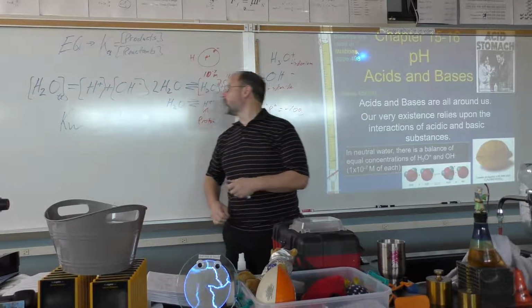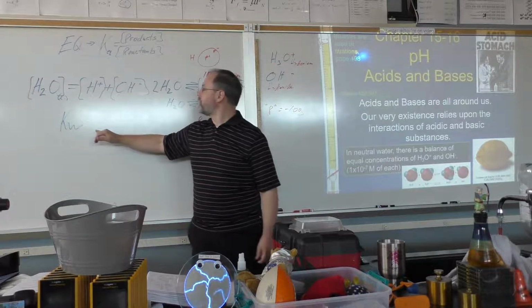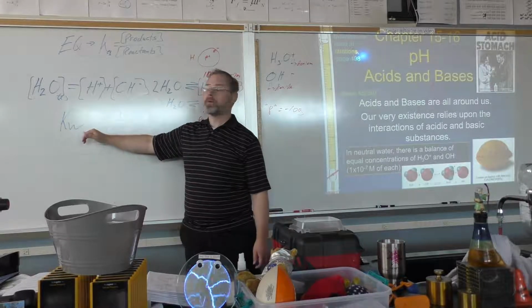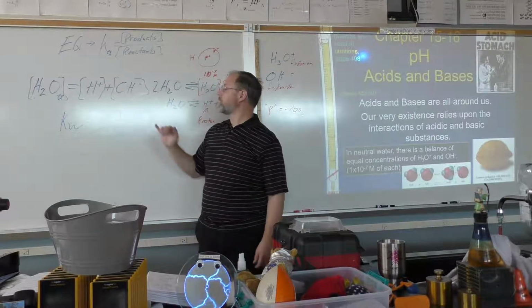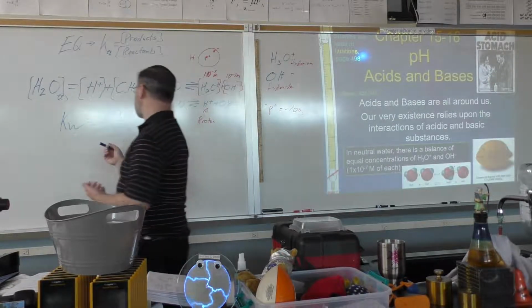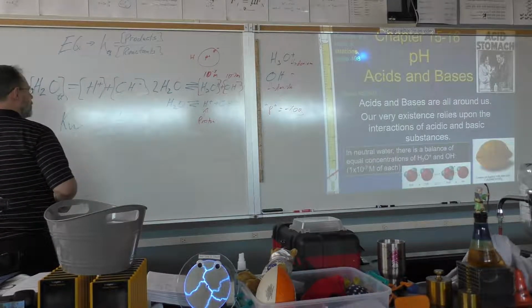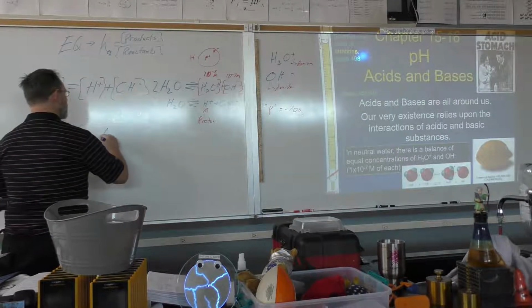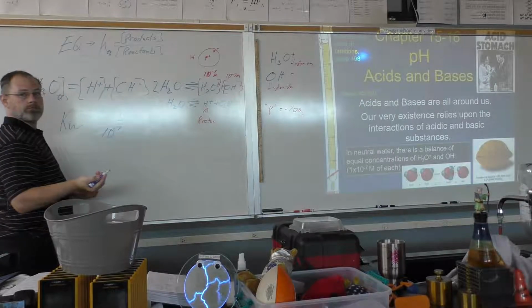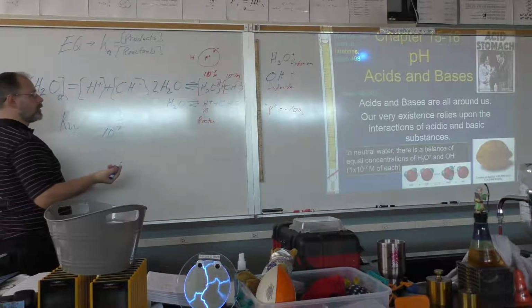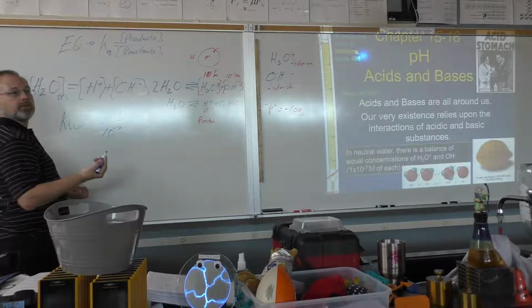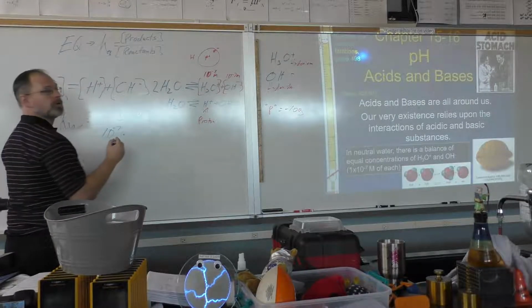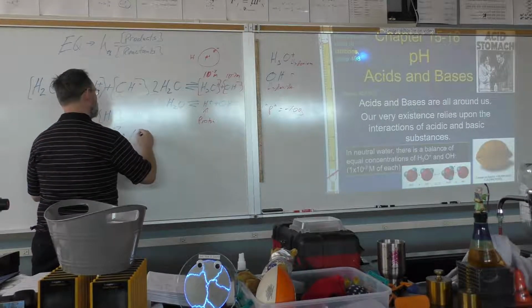Anyway, so this is Kw, the equilibrium Kw, the concentration multiplied by concentration. Now, when you put these values in, the value for hydronium is 10 to the negative 7. What's the concentration for hydroxide? 10 to the negative 7.